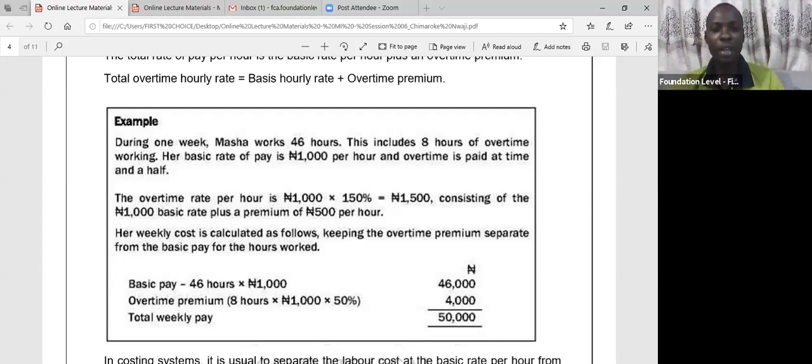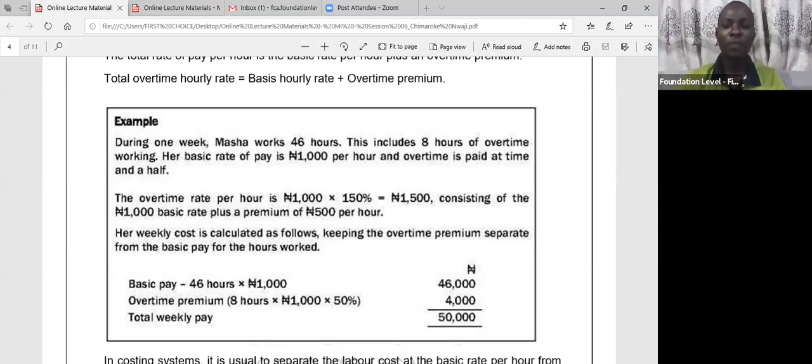The reason why you are doing it this way is because the basic is called direct labor. Then the premium, which is the indirect labor, should be kept separate. So out of these 46 hours, 8 hours was for overtime. So you say 8 hours multiplied by just the premium, so times 1,000, 50% of it, will give you 4,000.